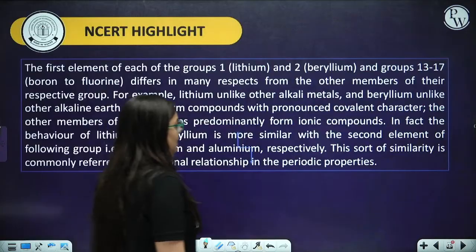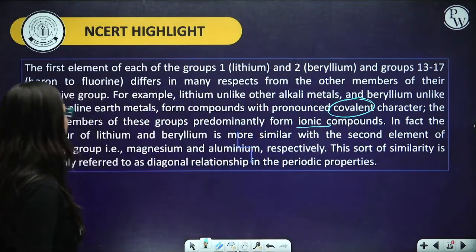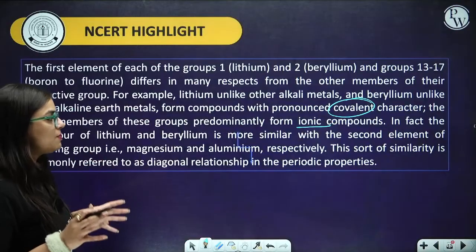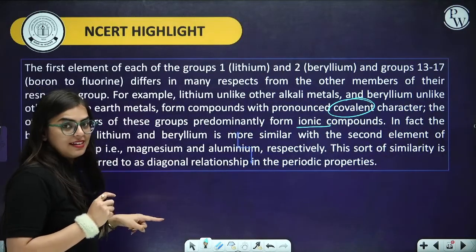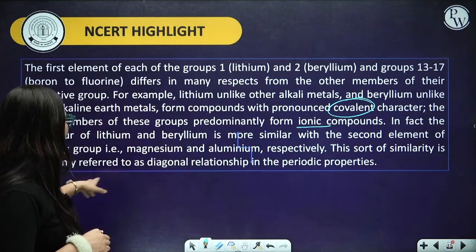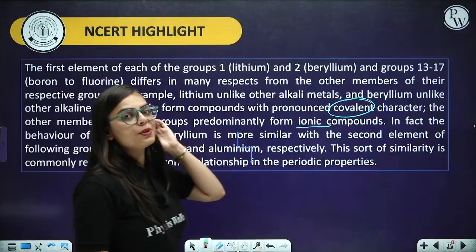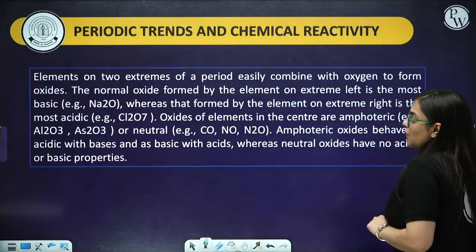So this is one more characteristic, that they form covalent bonds and other members form ionic bonds. In fact, the behavior of lithium and beryllium is more similar to the second element of the following group, that is magnesium and aluminium. So they will show the diagonal relationship. This sort of similarity is commonly referred to as diagonal relationship in the periodic properties. Clear, everyone?